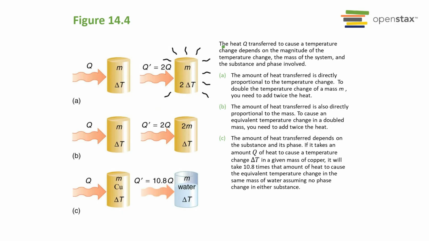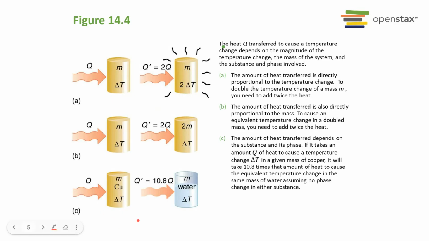So it takes an amount Q of heat to cause a temperature change delta T in a given mass of copper. It will take 10.8 times the amount of heat to cause the equivalent temperature change in the same mass of water, assuming no phase change in either substance.